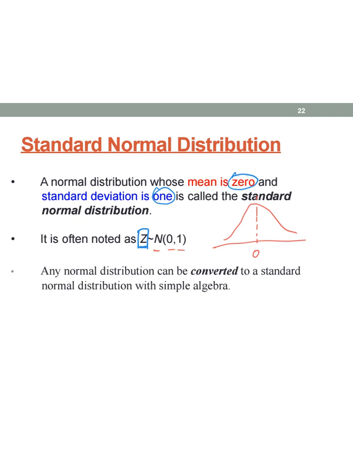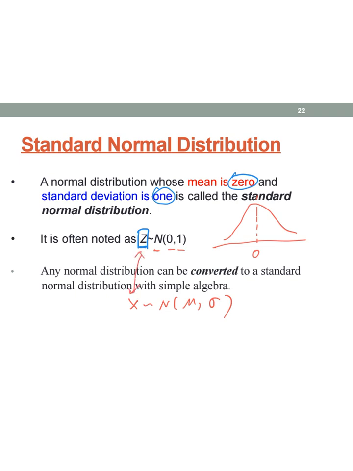Okay, and Z is the notation for standard normal distribution, and X is the notation for general normal distribution. And there is a connection between normal distribution and standard normal distribution.